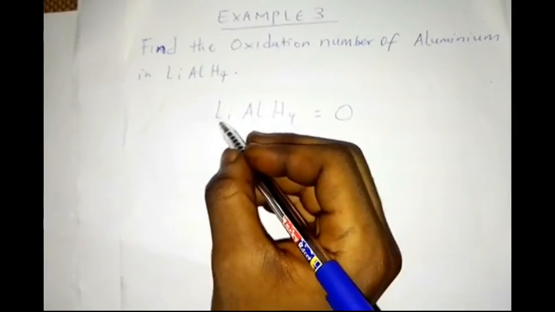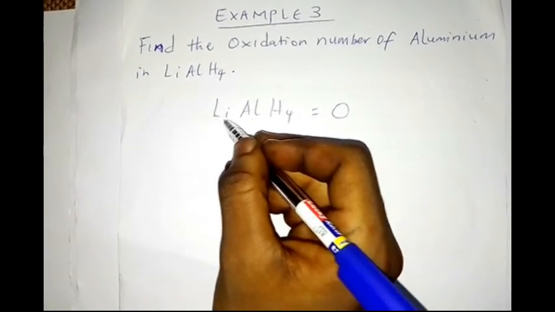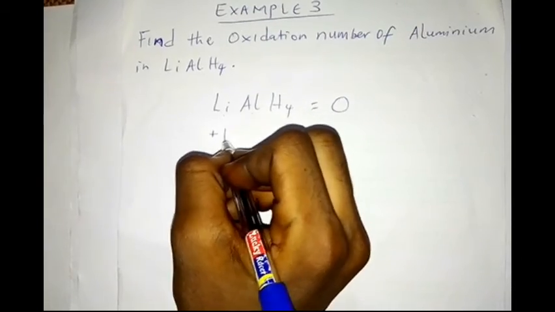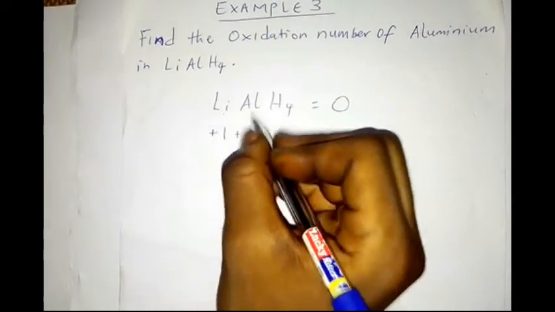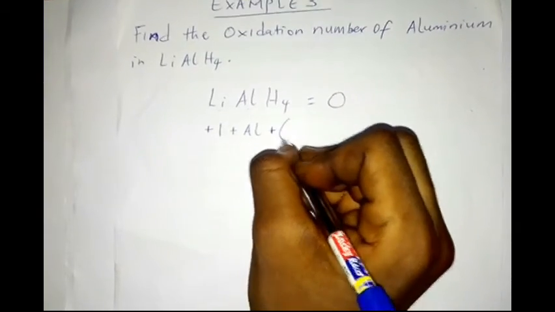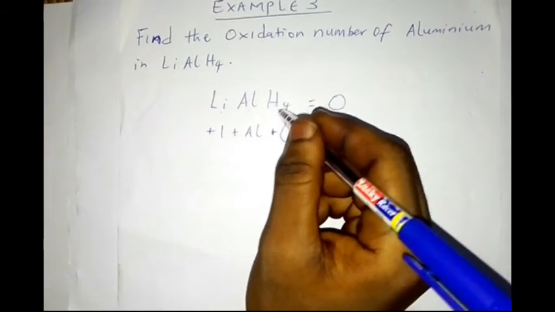Now, remember that lithium is an alkali metal, and the oxidation number of all alkali metals is usually +1. So we are going to have +1 plus the aluminium we are looking for, plus, now hydrogen here is in form of hydride. Why?